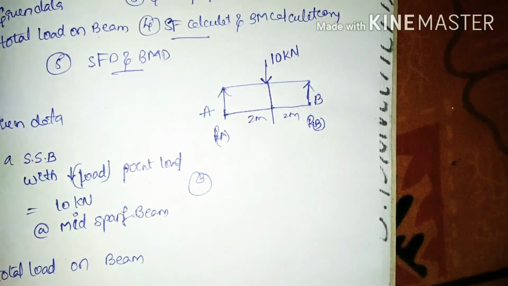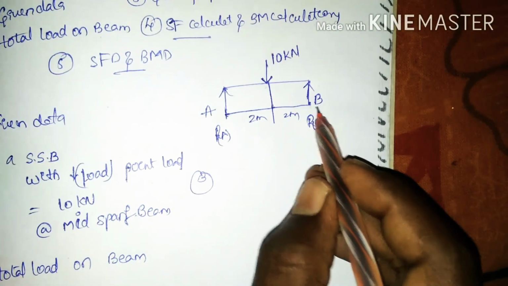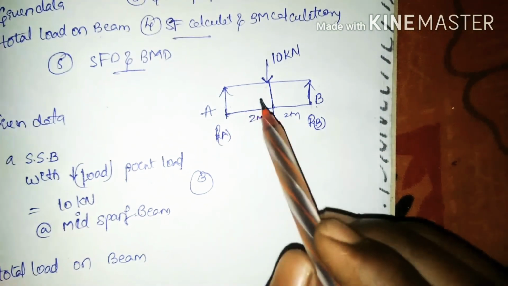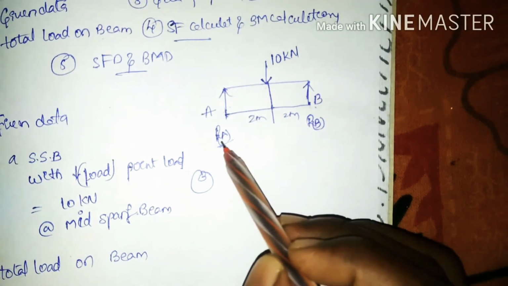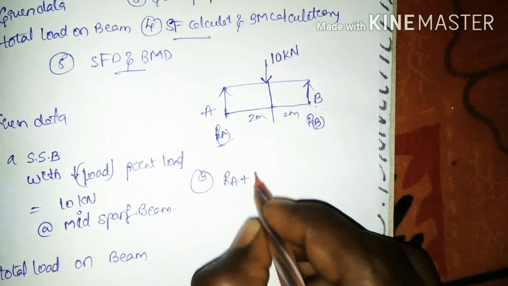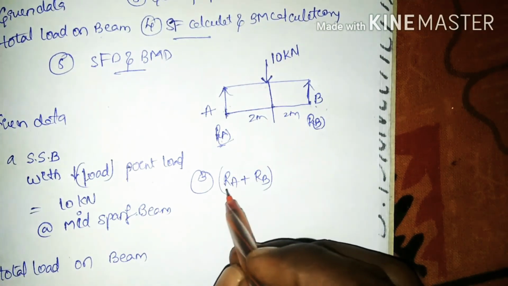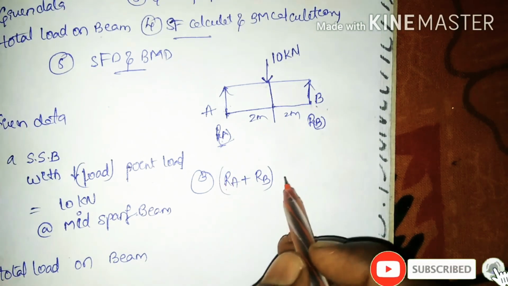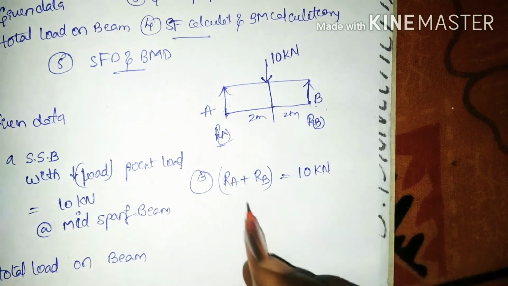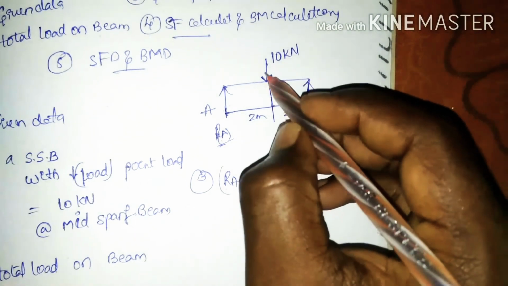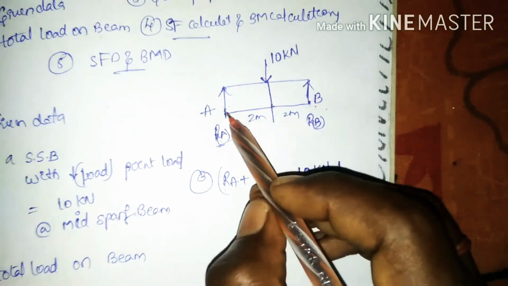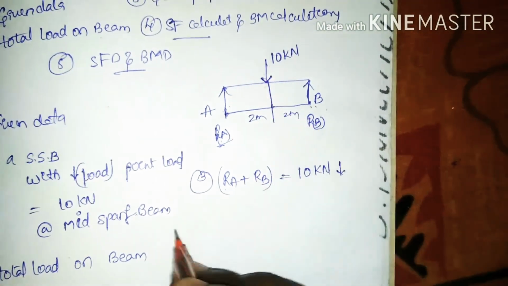Here we have two reactions. For every simply supported beam we have two supports, and for every support one reaction, that is RA and RB. So summation upwards is equal to summation downwards: we have only one load, 10 kilonewtons in the downward direction, and the reactions are in the upward direction, so RA plus RB is equal to 10 kilonewtons.